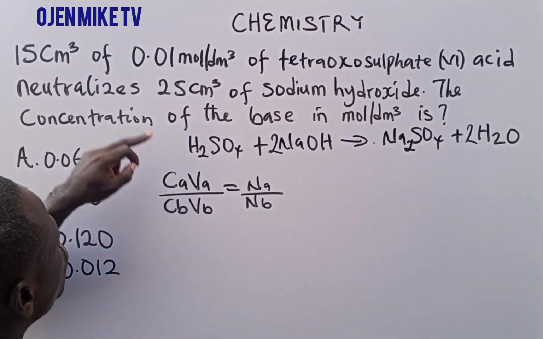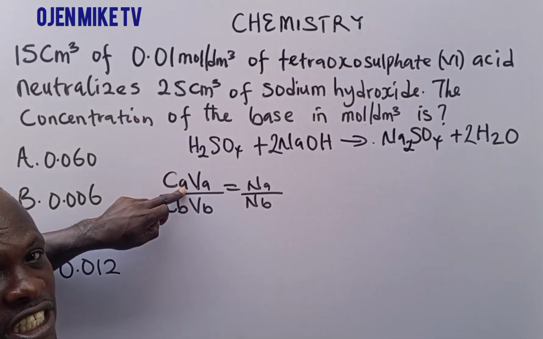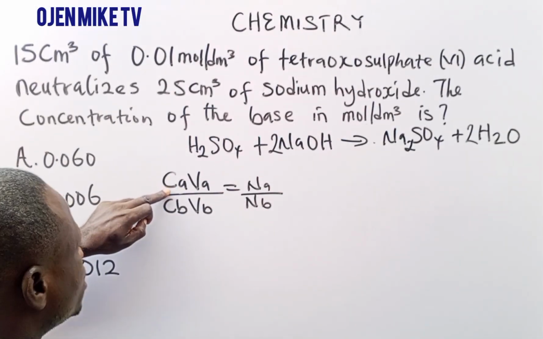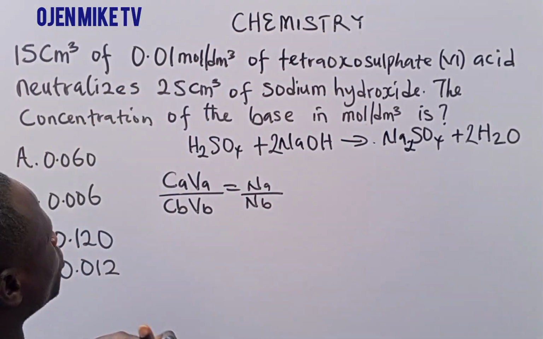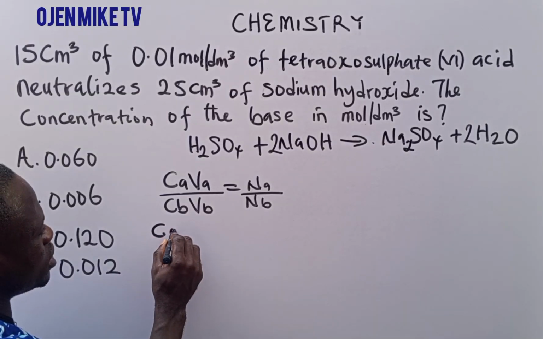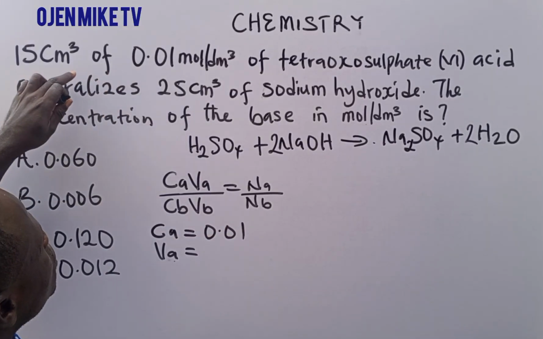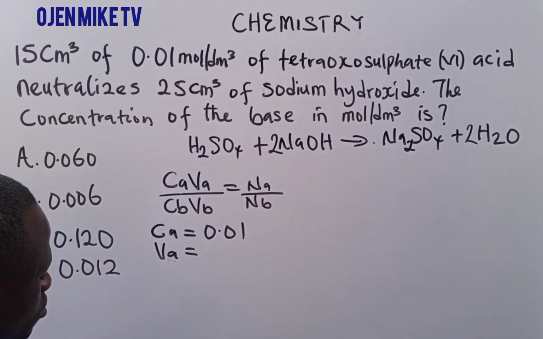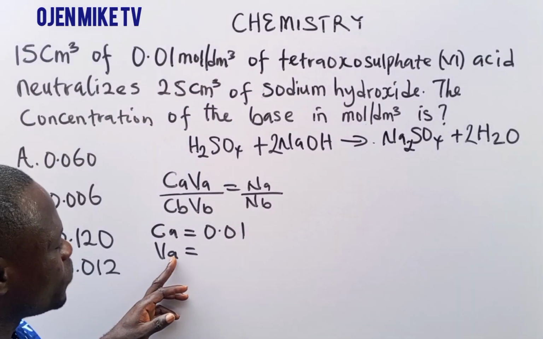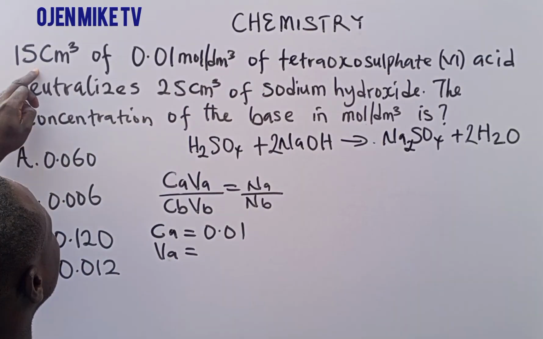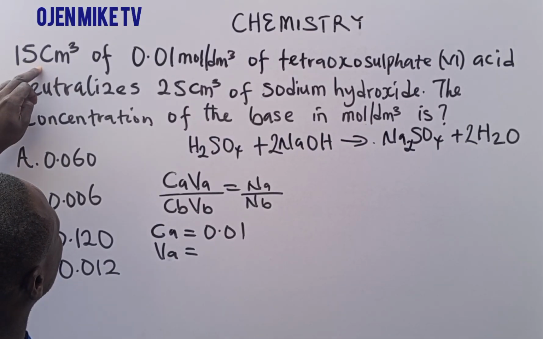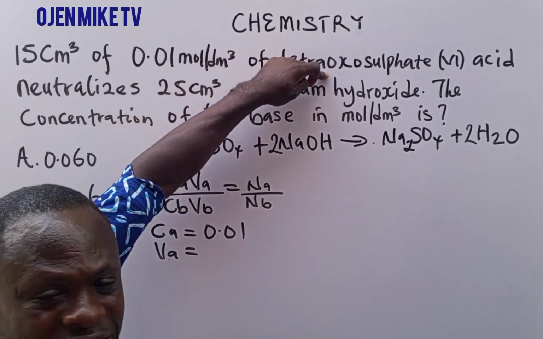Ca is the concentration of acid. A here is acid, C here is concentration. So the concentration of acid, look at it, Ca is equal to 0.01. Now Va, volume of acid: 25 cm³ of this is acid.